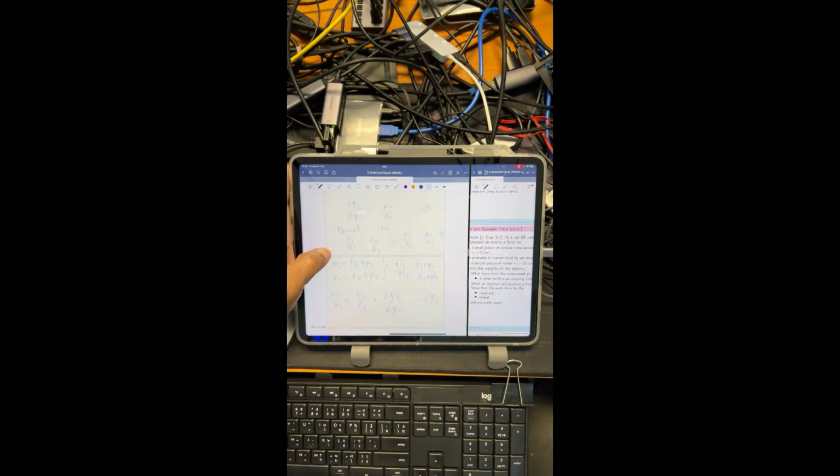For the second term, we have got the relationship right here: delta Y1 by delta Y2 is A2 by A1.